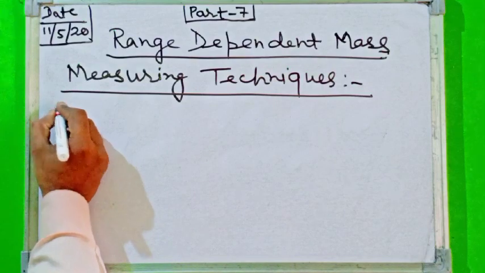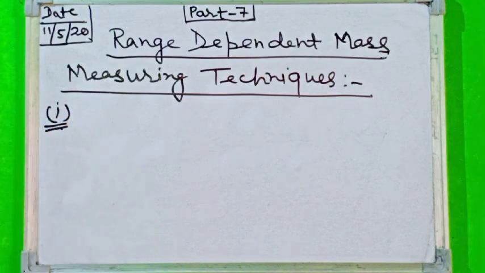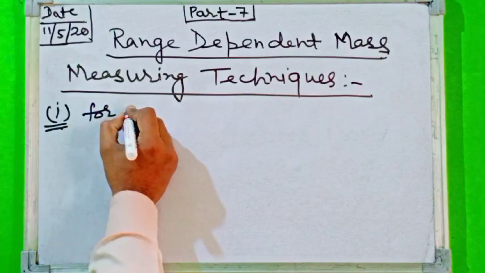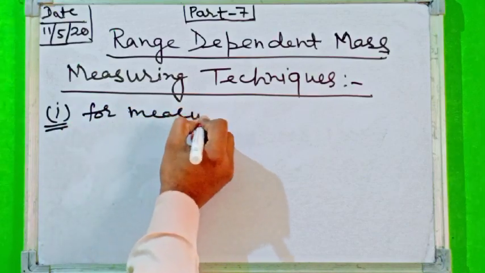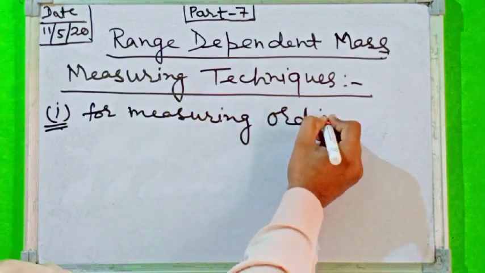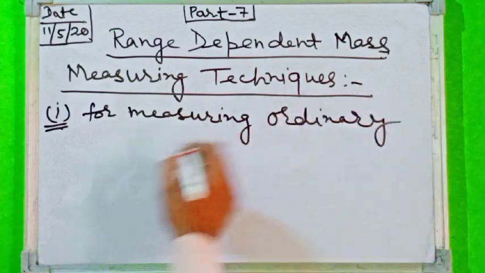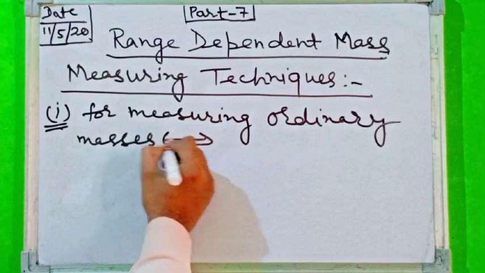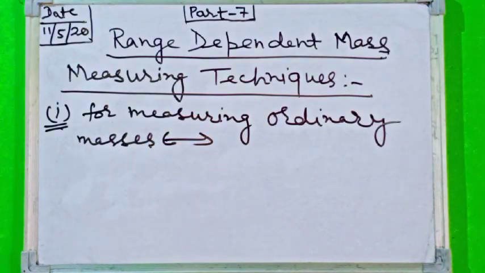The first one is for measuring ordinary masses. For example, 5 kilogram of flour, 5 kg of wheat, these are ordinary masses.